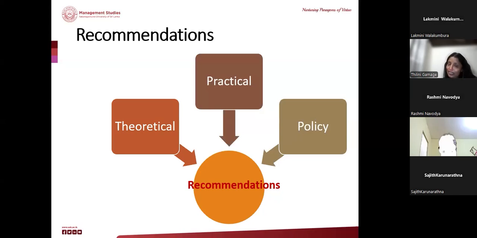Let's now talk about the different types of recommendations that you can see in research. You can see there are theoretical recommendations, practical recommendations, and policy recommendations that we have seen in research. And not only that, even methodological recommendations are also there, which I have not included here, I'm sorry.